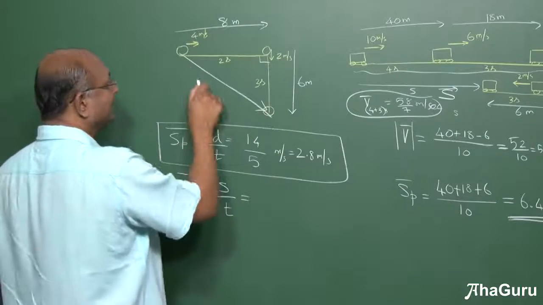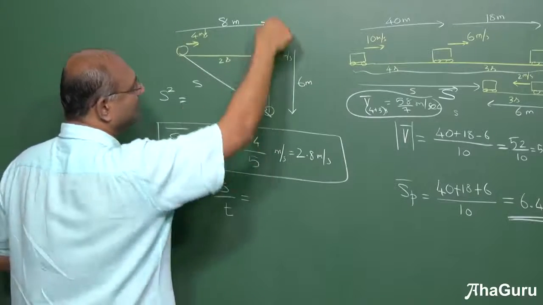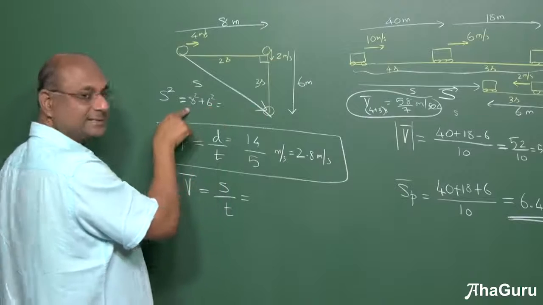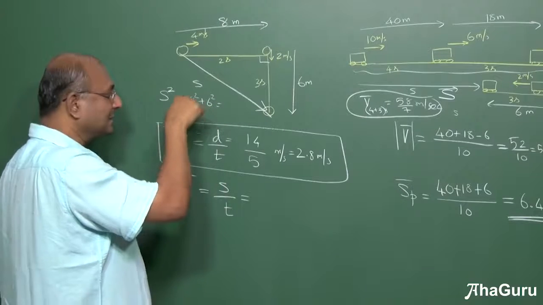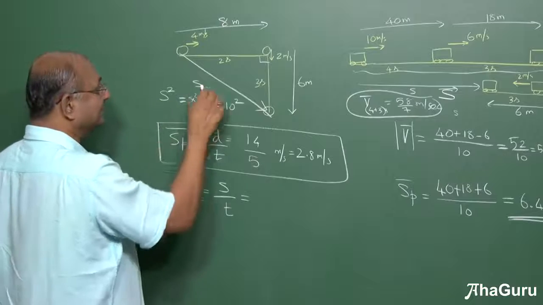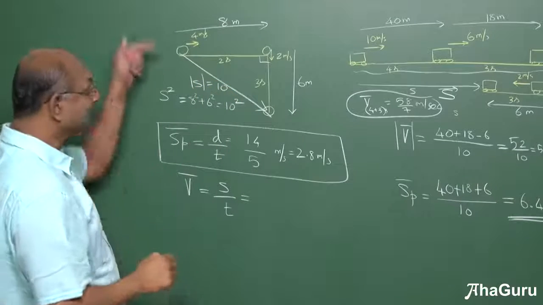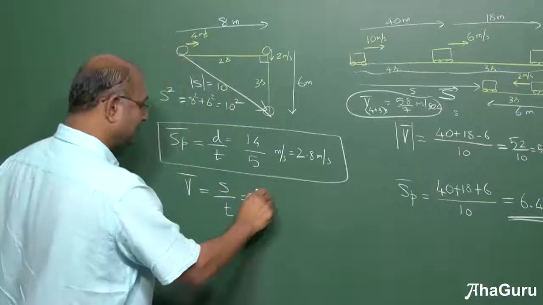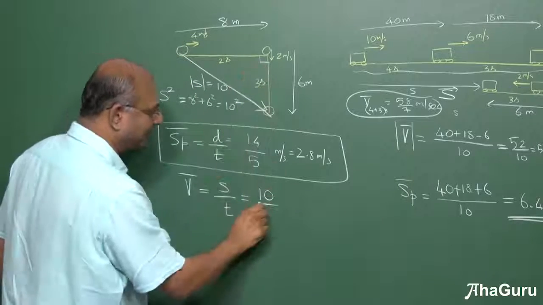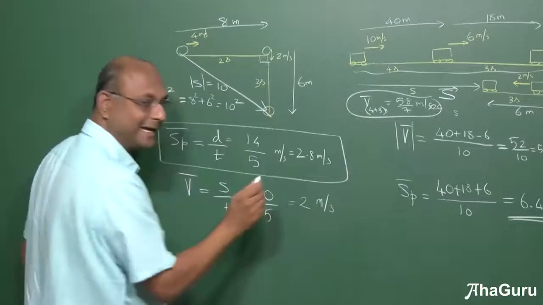But you know that if this length was S, S square must be equal to this square plus that square, 8 square plus 6 square. 8 square, 64, 6 square, 36, 64 plus 36 is 100, 100 is 10 square. So the magnitude of S is 10 in this direction. So my velocity is 10 meters in this direction divided by the time 5 seconds. So you get 2 meters per second.